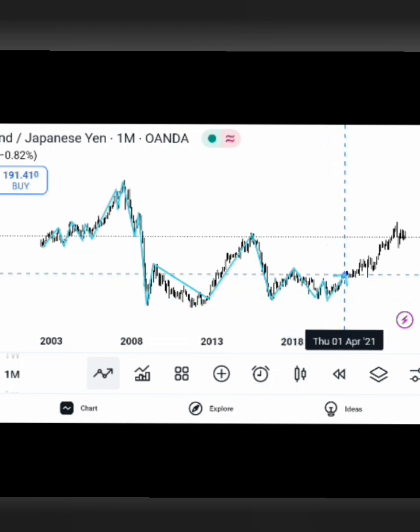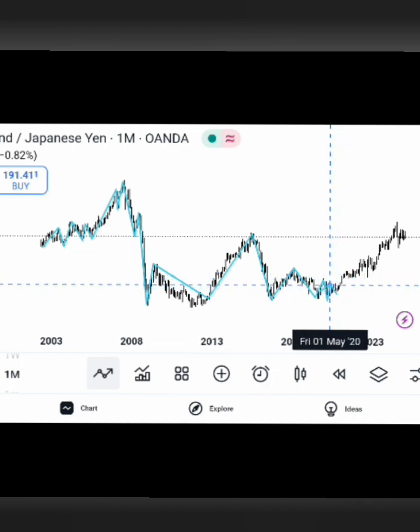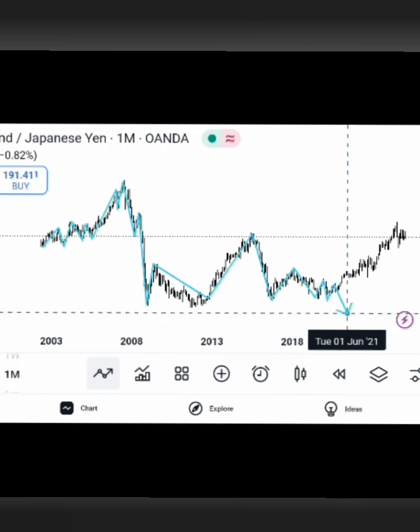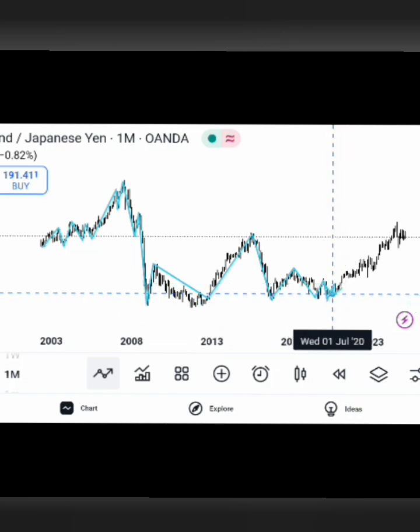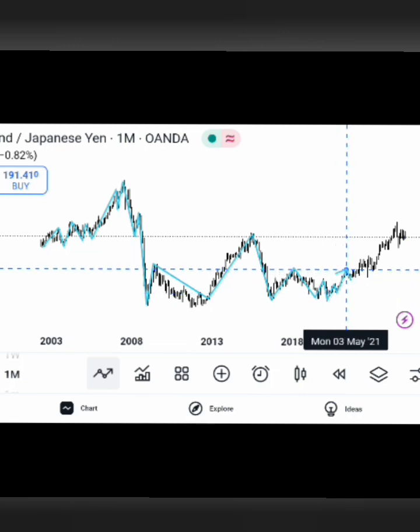It broke this structure to this high, like this, did a little pullback, very little. Can you see it? Then it pushed up again, breaking the structure.